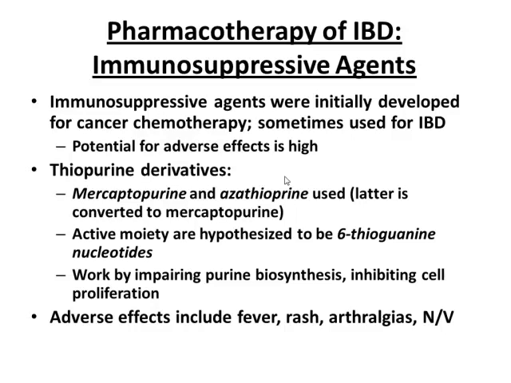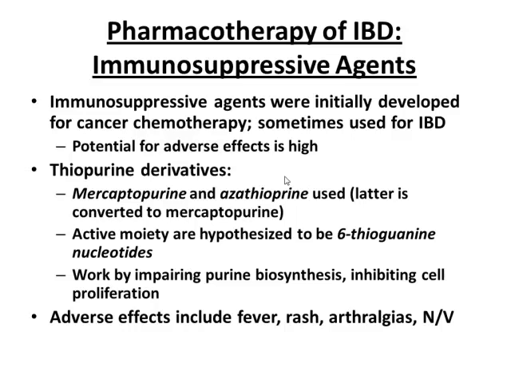Another group of agents that get used for these disorders are immunosuppressive agents. Like at the start of the lecture, we talked about a degree of autoimmune component to IBD. These guys were initially developed for things like cancer chemotherapy. They do sometimes get used. They have very high potential for adverse effects, so obviously you're going to use them with caution. These agents include thiopurine derivatives like mercaptopurine and azathioprine.